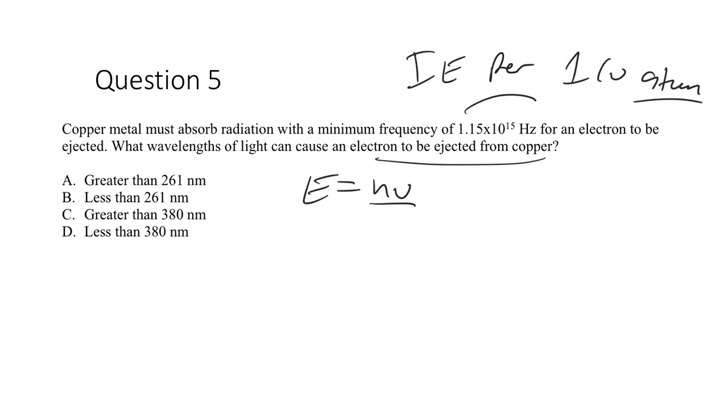Well, what we want is the energy has to be this energy or greater. So we have to be at this frequency or greater in order to have enough energy to cause that electron to be ejected. And so then if I take the frequency that has to be so big, then the wavelength is going to have to be some value or smaller. So we need to go to a lower wavelength to give us a higher frequency.